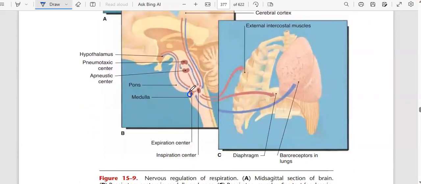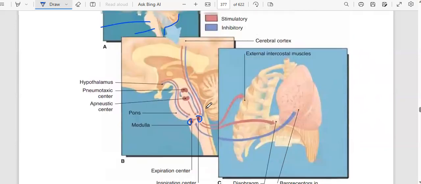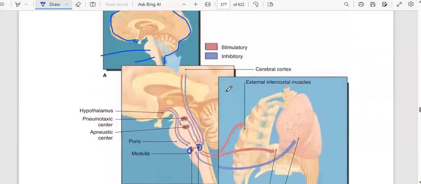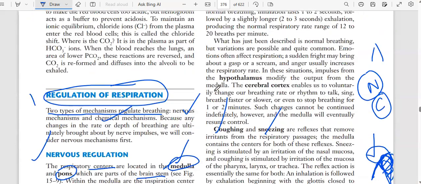Two centers are there: inspiratory centers and expiratory centers. The inspiratory center is able to inhale the air, and the expiratory center is able to exhale the air. So we need two centers. Let's talk about it in detail.